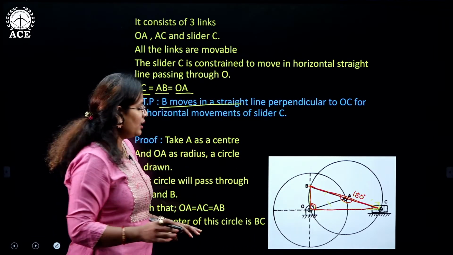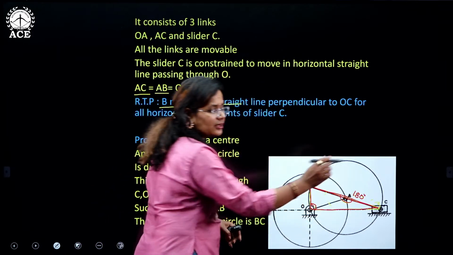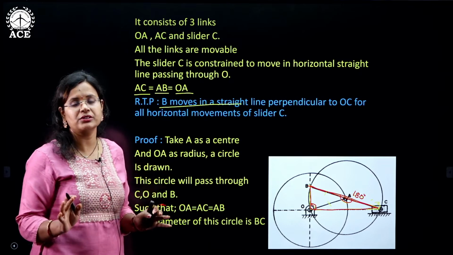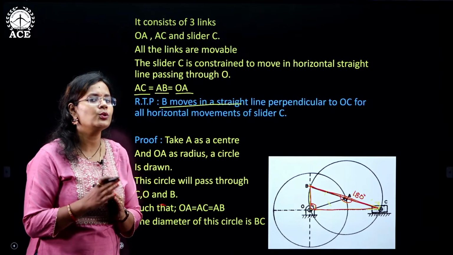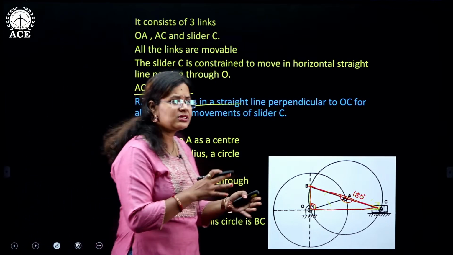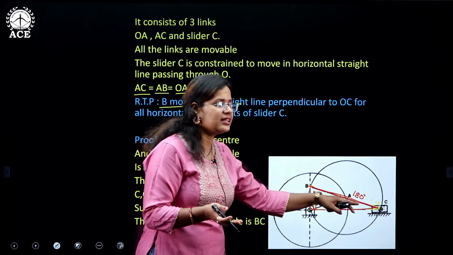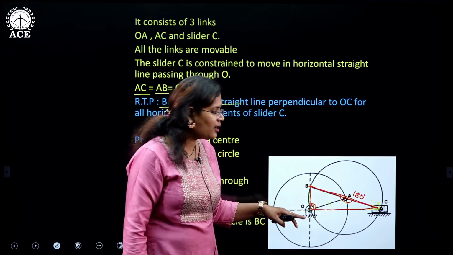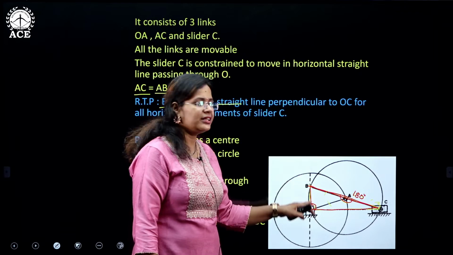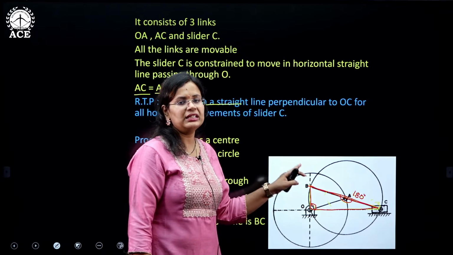That's clear. Now C is tracing a horizontal line. So it is already given in the question that OC is always going to be horizontal. So 90 degrees to a horizontal line is always going to be a vertical straight line. So by those conditions, I can say that if OC is constrained to be a horizontal line and OB is perpendicular to OC, definitely BO is a straight vertical line.